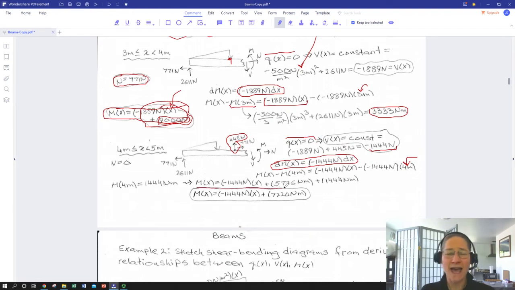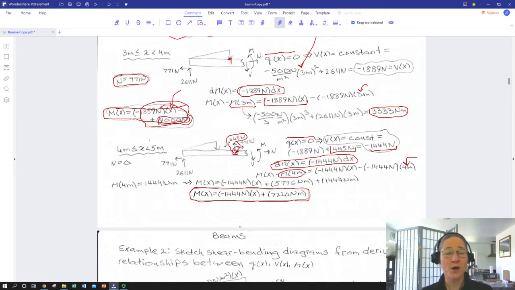Notice we didn't have to add in any step at this point load for the moment equation, like we did up here where we added that step to shear, because we don't add a step if we just have an applied point force. If we had had a couple acting at this point, then we would have added something into this lower limit, but we didn't.